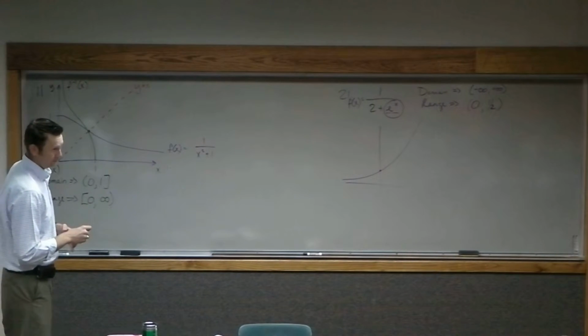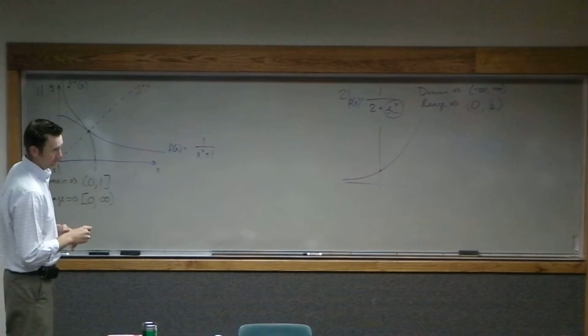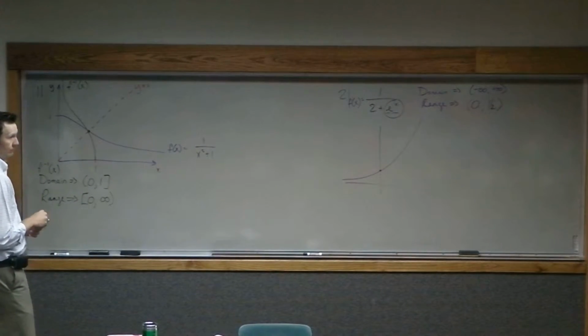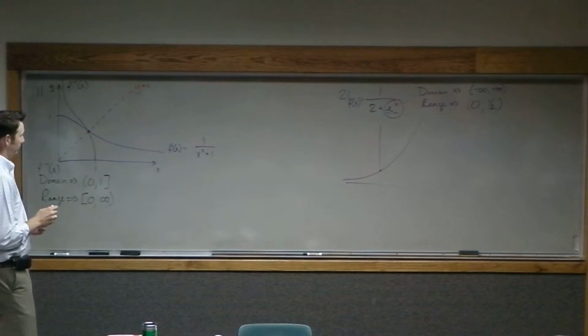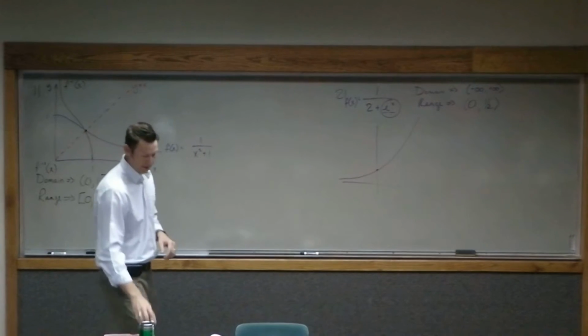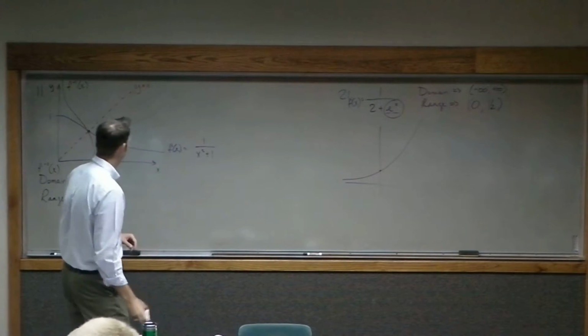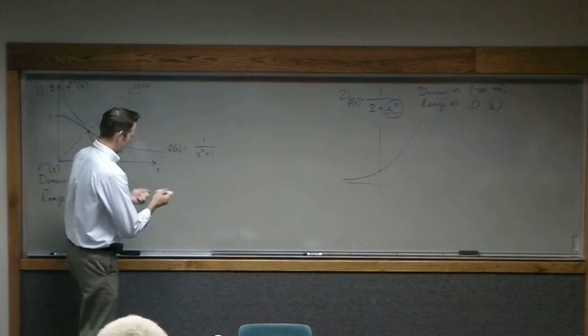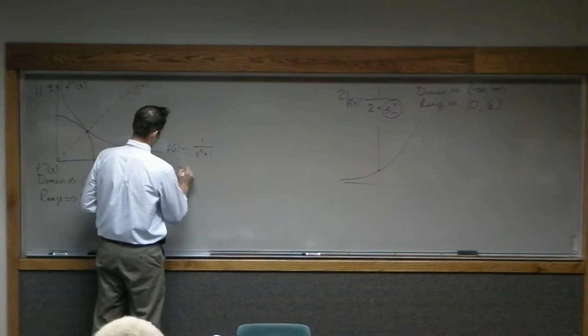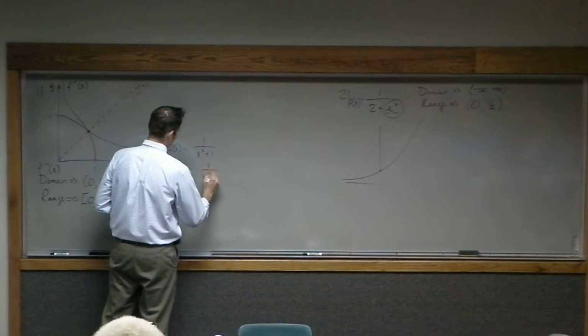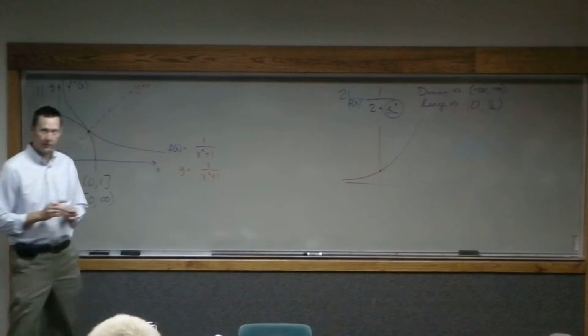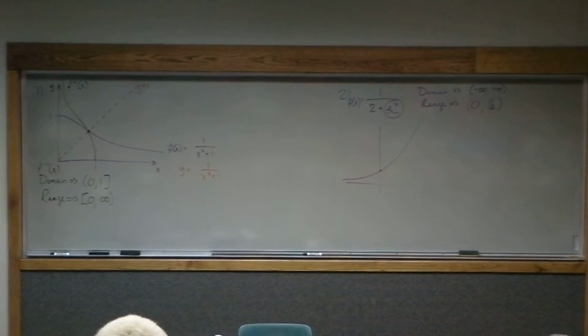Can we find the inverse of the function while we're at it? Just kind of cover all bases, like extra. Yeah, we can try. I don't know if it'll be pretty. Okay, if this is y equals 1 over x squared plus 1, how do we find the inverse? Switch the x and y.